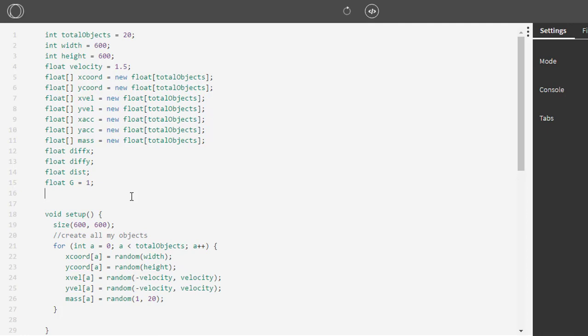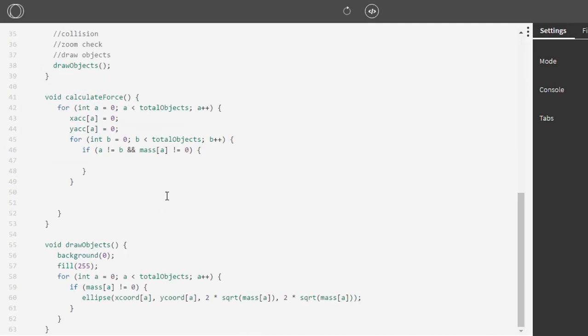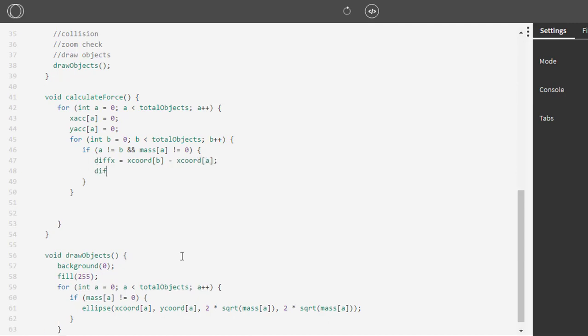All right, what else do we need? We're going to need to figure out the calculation of the acceleration as well. Well, let's start with this. So to begin with, let's figure out the actual difference in the x coordinates. So we're just going to take whatever x coordinate b has and subtract the x coordinate of a. Same thing with the y's.